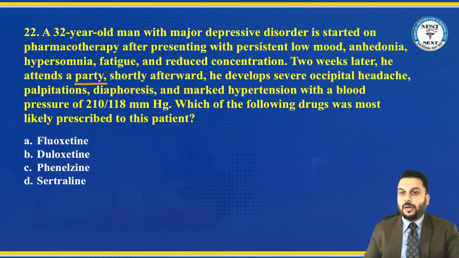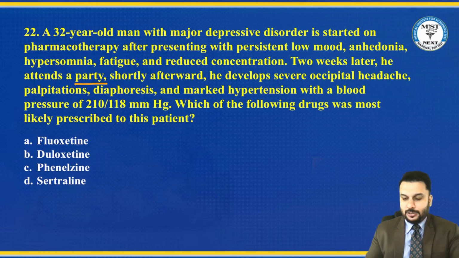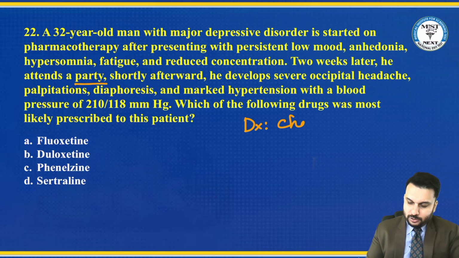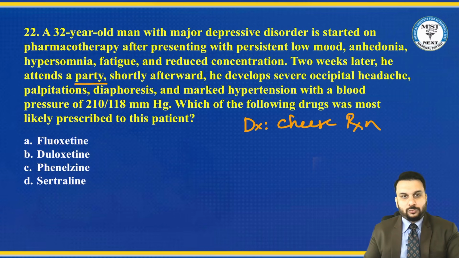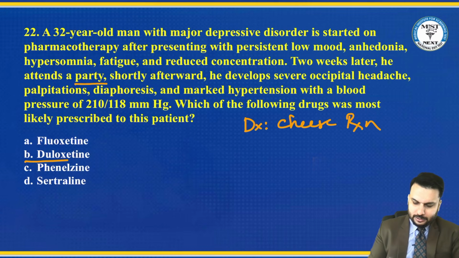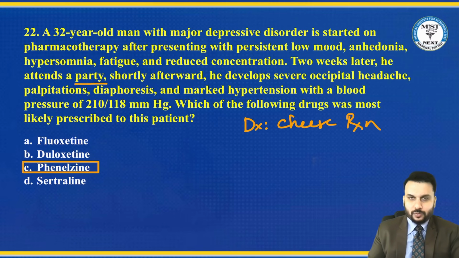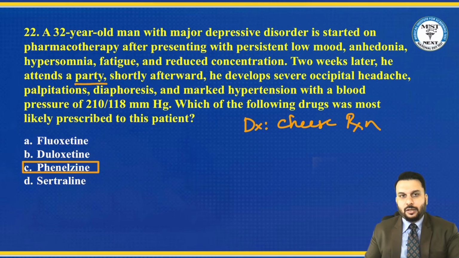If you consume alcohol or things like cheese along with MAO inhibitor drugs, you will get cheese reaction. Diagnosis is cheese reaction. And the drug that can do that is, for example, phenelzine. And there are other examples of MAO inhibitors that you can check in the notes.